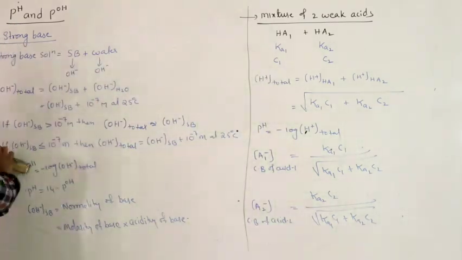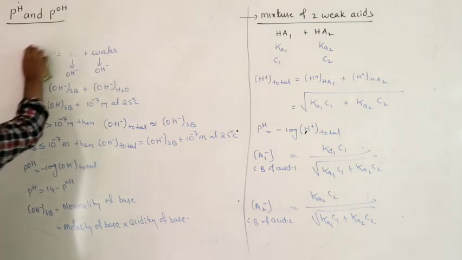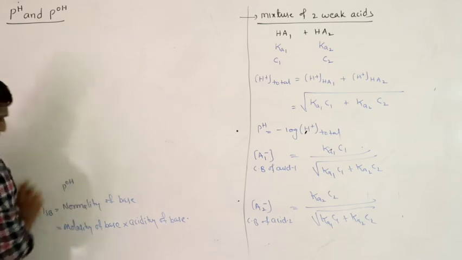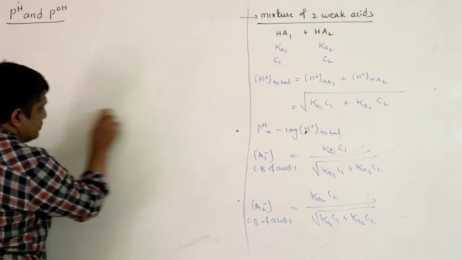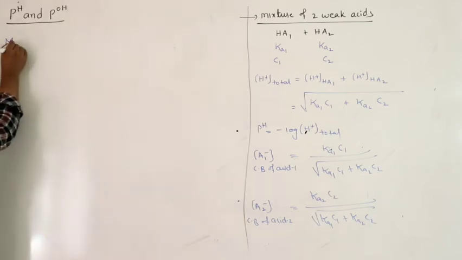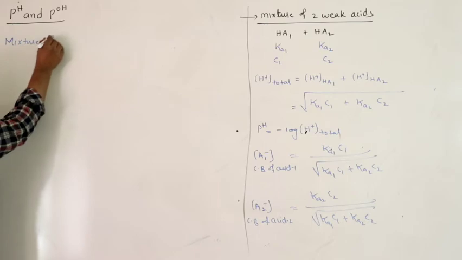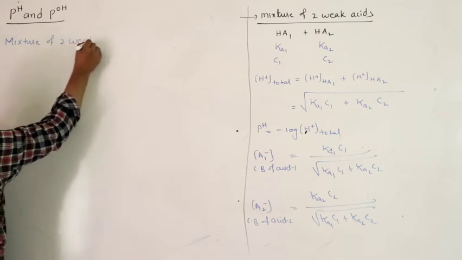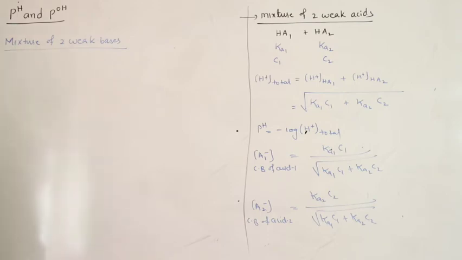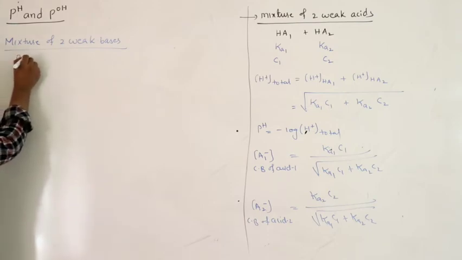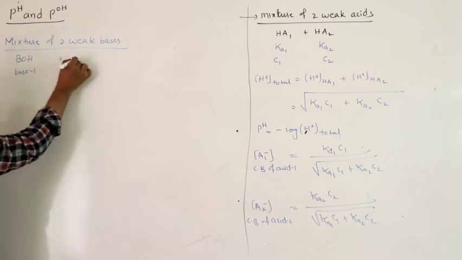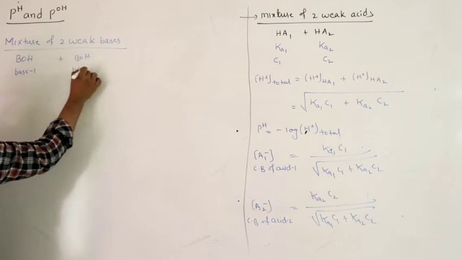Similarly, you can write for weak base, mixture of two weak bases. Same equations, mixture of two weak bases. So let us take base 1, BOH1, and another base, BOH, base 2.